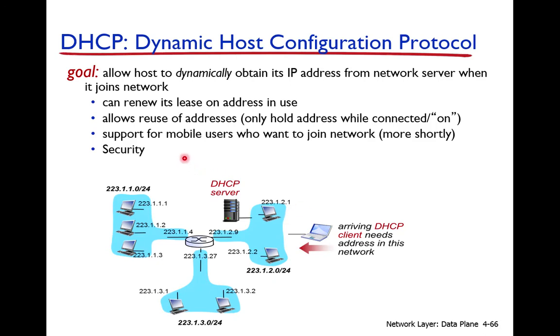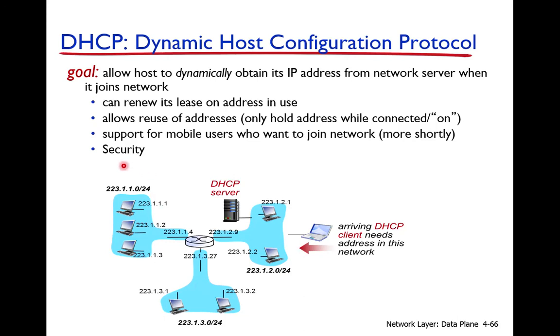It supports mobile users, because nowadays, due to mobiles and laptops, people move from one place to another, from one subnet to another subnet. Using DHCP, when a user moves from one subnet to another, they don't have to get the IP addresses manually; the client can get the IP address seamlessly.